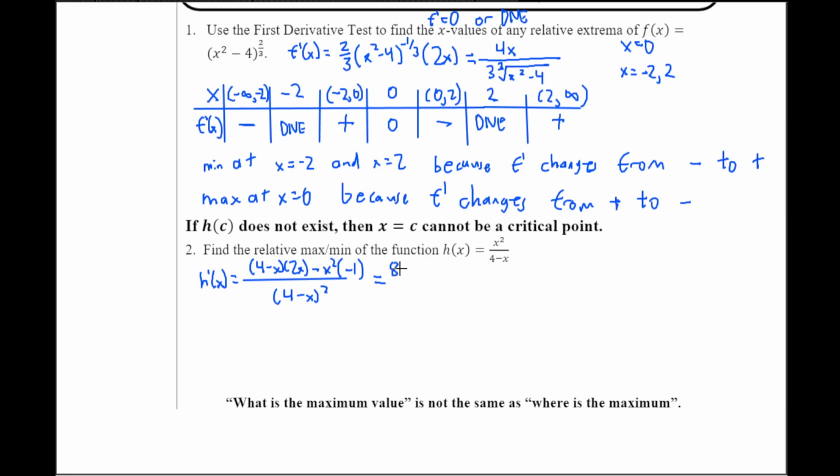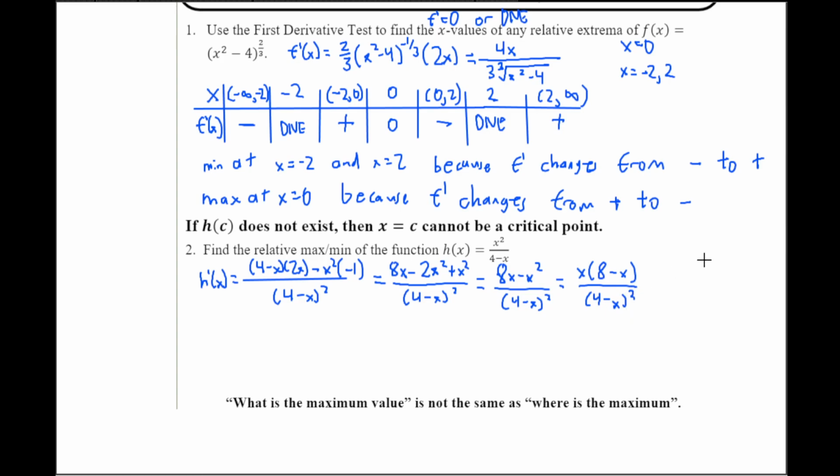That gets us 8x minus 2x squared plus x squared over 4 minus x squared, which equals 8x minus x squared over 4 minus x squared. You can factor out the x: x times 8 minus x over 4 minus x squared.